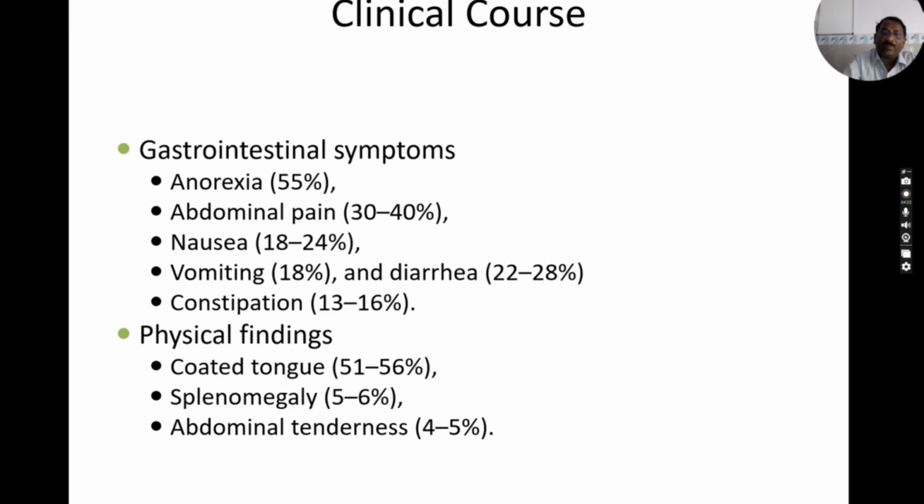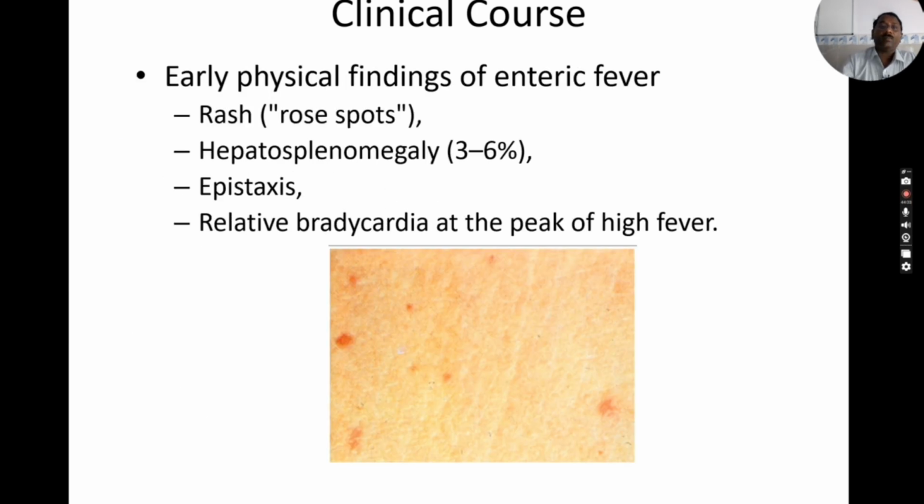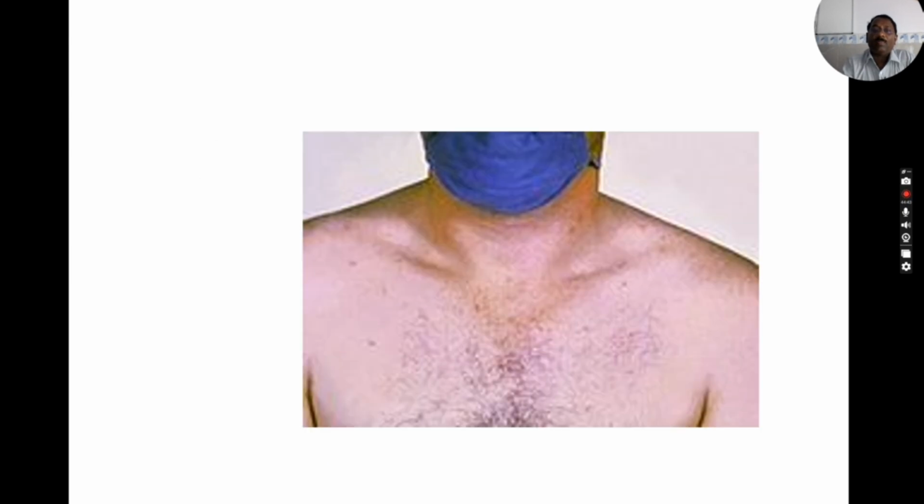Splenomegaly in just 5 to 6%, and abdominal tenderness in 4 to 5%. So among the signs, the coated tongue is a very, very important sign in the enteric fevers. Then the rash, the rose spots, hepatosplenomegaly, epistaxis. In some cases, relative bradycardia, already told you, at the peak of the high fever.